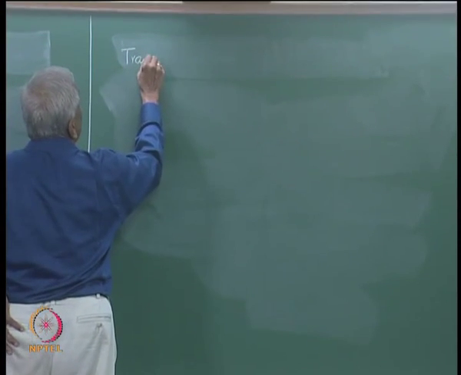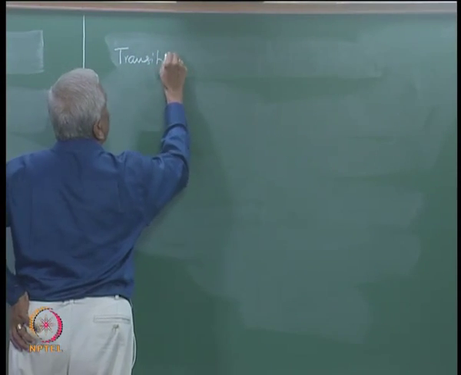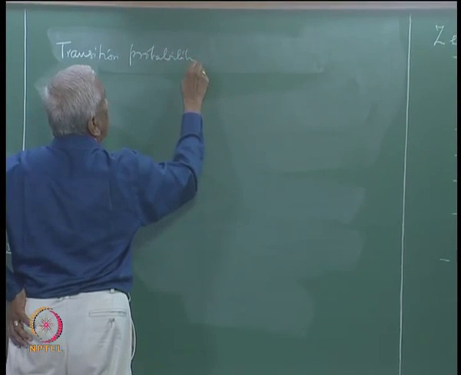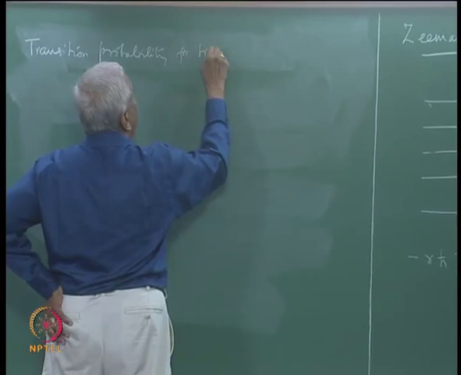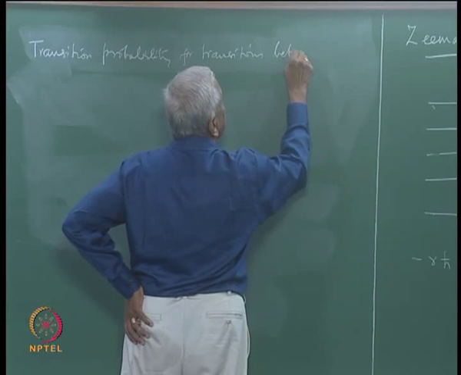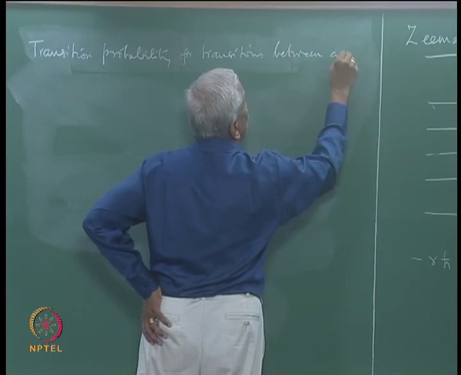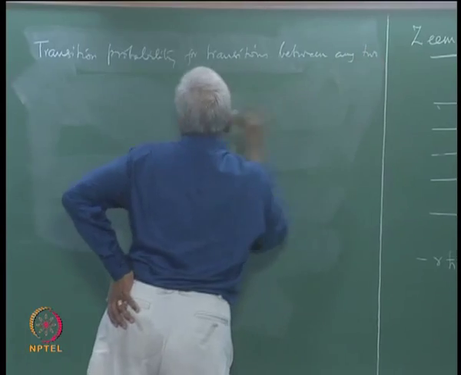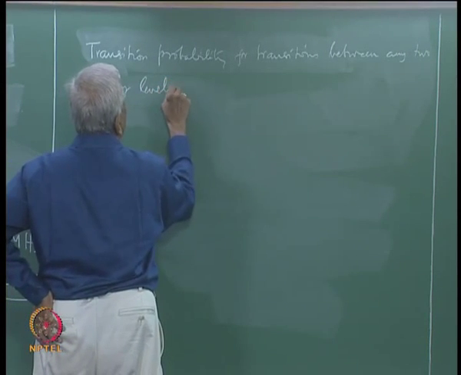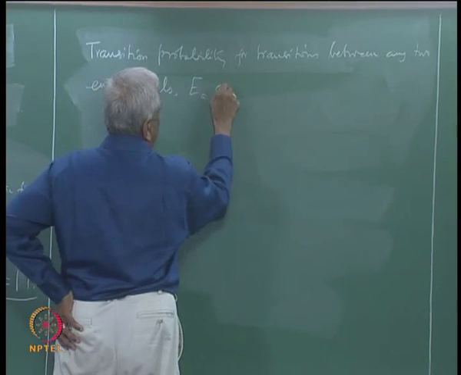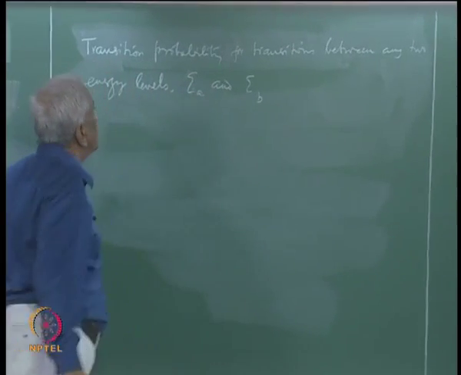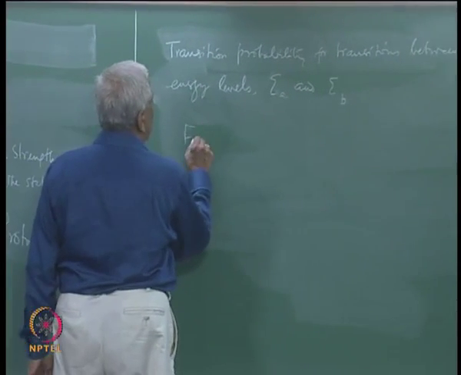Transition probability for transitions between any two energy levels, say EA and EB. This is given by Fermi's Golden rule.